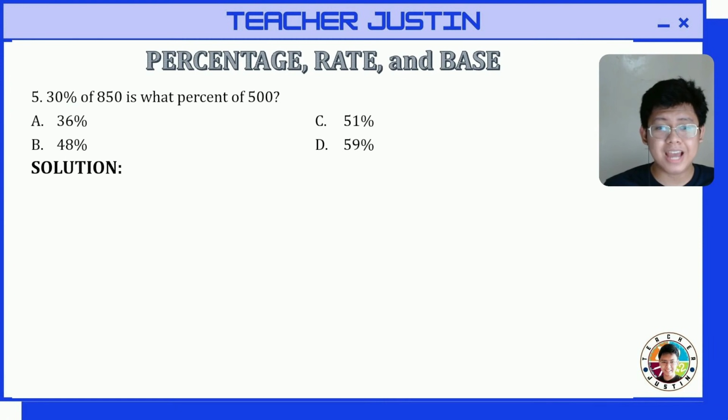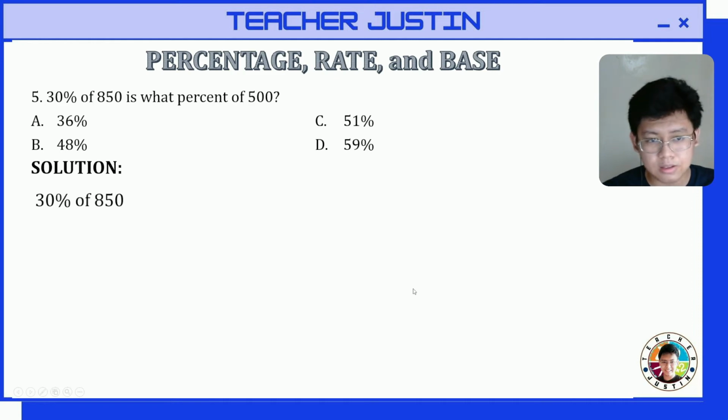Okay, let's have this item. 30% of 850 is what percent of 500? So, para masagutan natin tong item na to, focus muna tayo dun sa statement na 30% of 850. So, kopyahin natin yan. 30% of 850. Then, let's translate it to an equation.